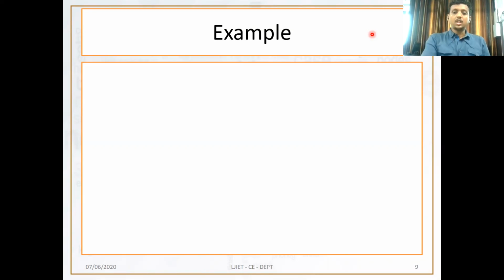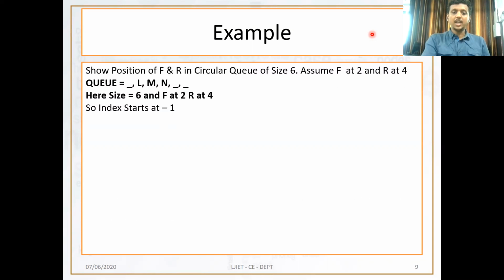Here I have one example that shows the position of F and R. F means front pointer, R means rear pointer. The example says: show the position of front and rear in a circular queue of size 6. Assume F at 2 and R at 4.